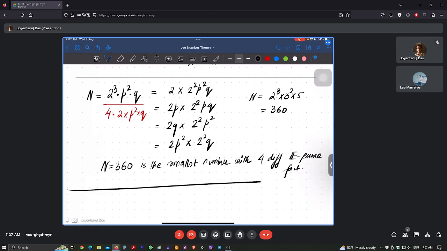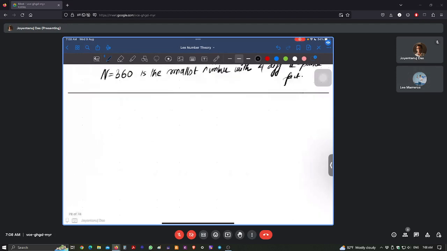Okay. So now part D that they are asking. The number 12 has only one factorization as a product of e primes, right? So it is 2 into 6.